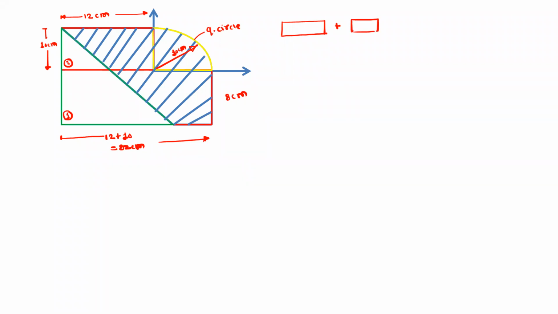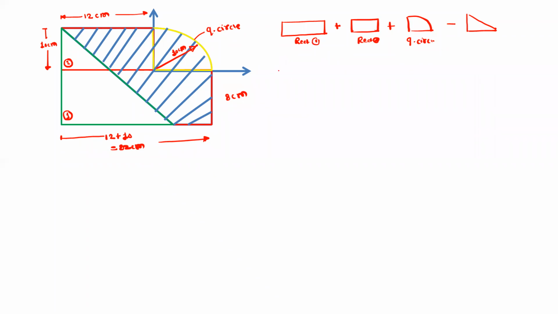This is rectangle 2. Then we will add the quarter circle. And from these three geometries, we will subtract the right angle triangle. Then we will get the required geometry, that is the shaded area.